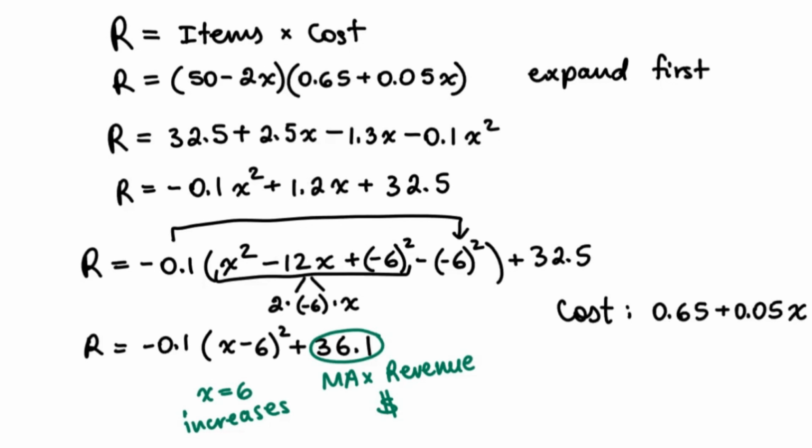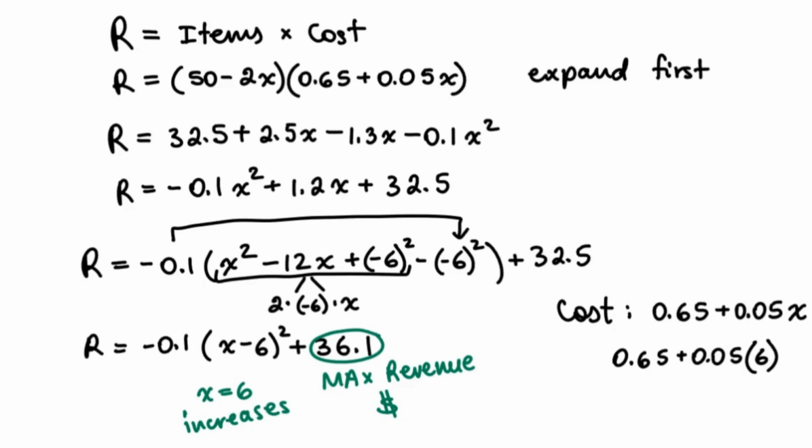So now x is the number of increases, and we have found that in order for us to get the maximum revenue of $36.1, we need to have 6 price increases. So the cost will then be 0.65 plus 0.05 times 6.